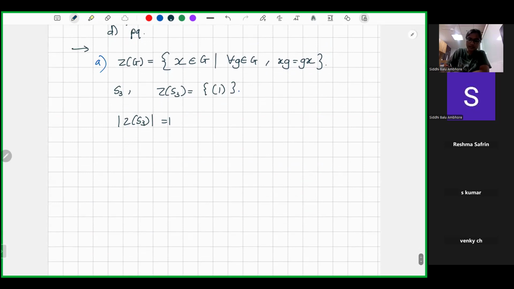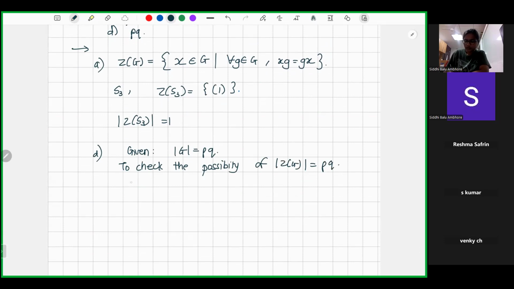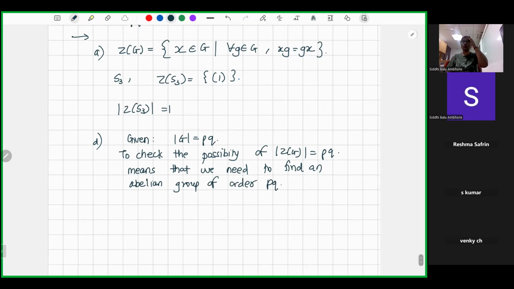This was for option A, and now for option D. Given that the cardinality of G is PQ, to check the possibility of the cardinality of ZG being PQ, we need to find an abelian group of order PQ. Do we have such a group always?